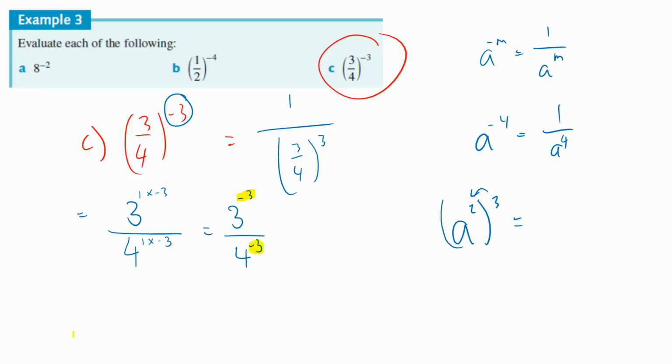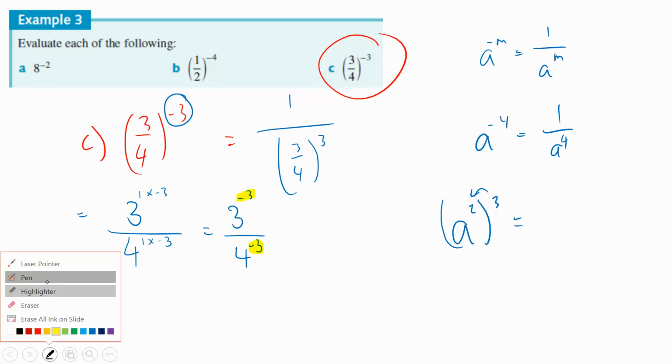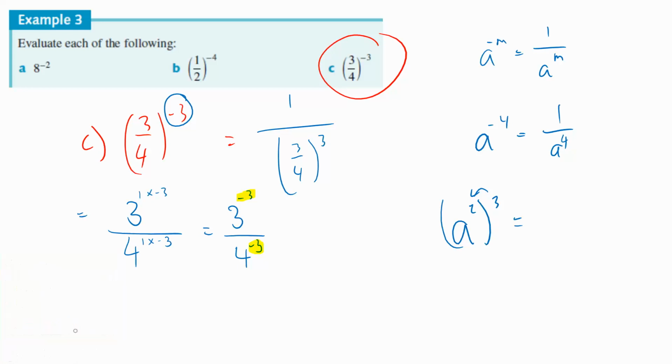I'm not sure if that's what they said, but if they did, they might say this now becomes 4 cubed, and this one will switch down and become 3 cubed. I'm not a big fan of that, but if that helps you to do these kind of problems, then you can. Can anyone explain to me why that is true? Why does that work? Why can I say if it's 4 to the -3, I can just switch it to the top and say it's 4 cubed?